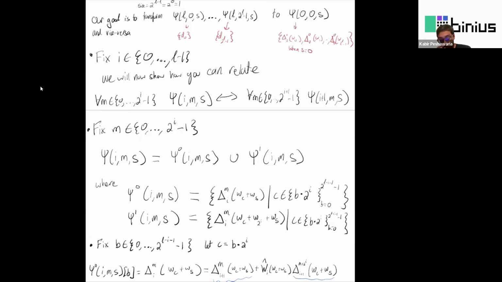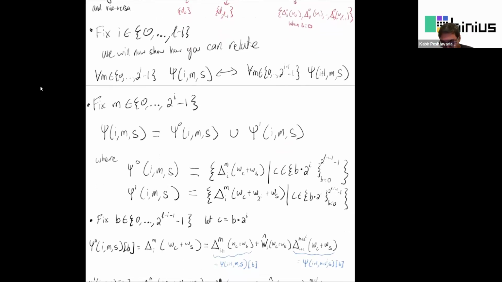Where psi 0 of I is these delta mi evaluations at WC, and psi 1 of I is these delta mi evaluations at WC plus W2 to the I. This can equivalently be written, of course, as WC plus 2 to the I. And linearity also exists on L as well, because L is also like this in vector space. Anyway, cool. So we've broken psi of I up into two parts.